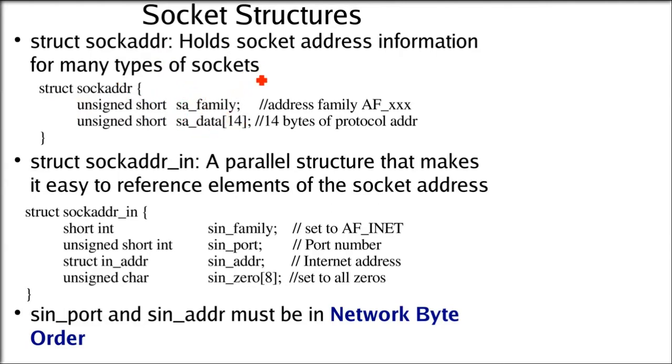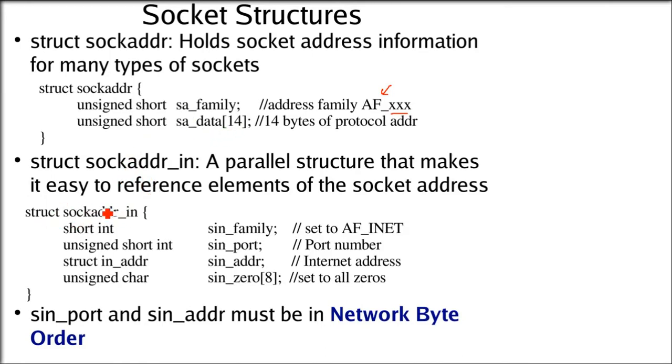So you have sa_family, it can be any family, like AF_XXX, it can be any XXX. Different types of sockets can be there. Then there are 14 bytes of protocol address. So this is the basic one.